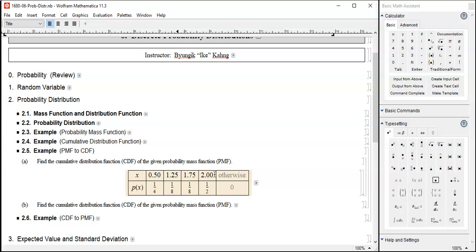Each one comes with a probability: 1/4, 1/8, another 1/8, and 1/2. Please note that all these add up to 1 because that's the full probability. And of course, other than those four numerical values, it's impossible, so the probability is 0. Now this part is not that necessary, and a lot of textbook authors just skip this part.